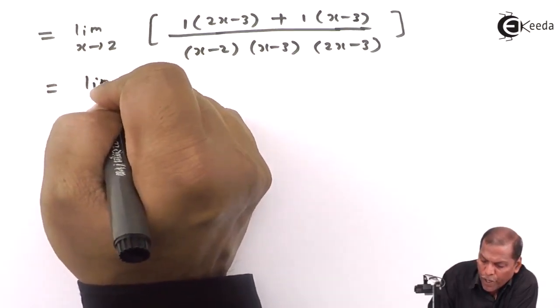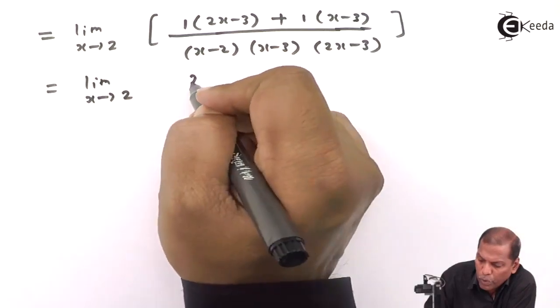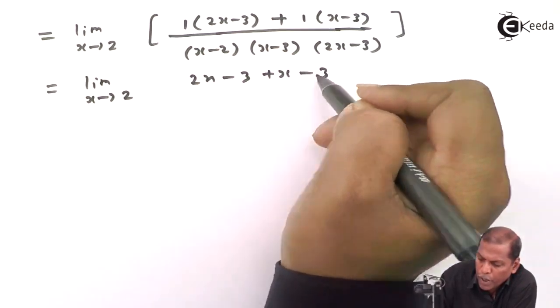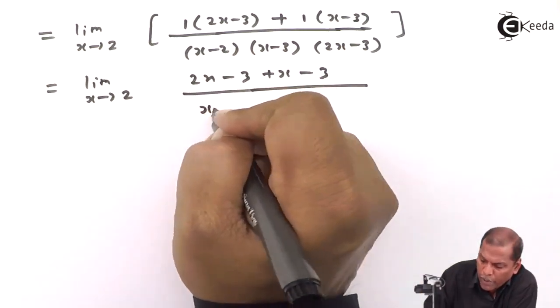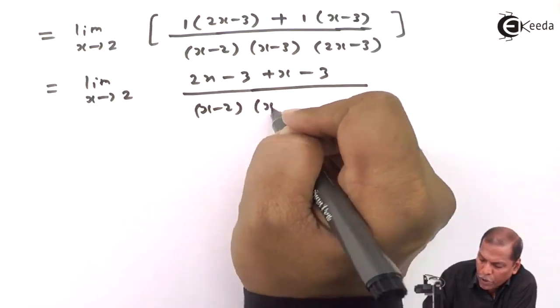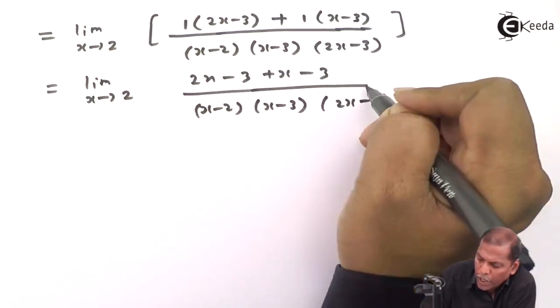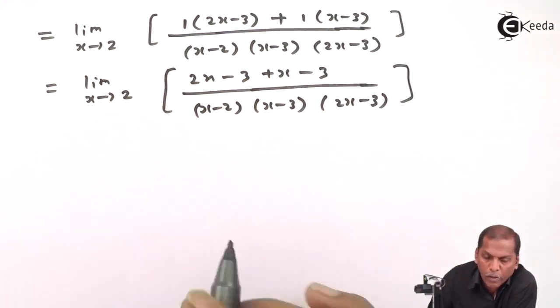On simplifying further, we get the limit as x tends to 2 of the numerator (2x − 3) + (x − 3), and the whole thing divided by (x − 2)(x − 3)(2x − 3) in the denominator. Now in the numerator we have 2x + x, which gives us 3x, and −3 − 3, which gives us −6, upon (x − 2)(x − 3)(2x − 3) in the denominator.